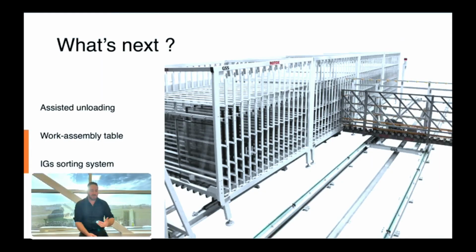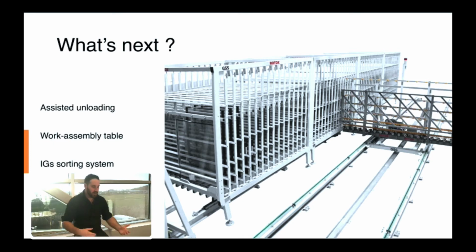IG sorting system. I have seen a lot of those systems in Europe where the workers are assembling the sash, and as they scan the part in front of them, the system brings them the next IG unit that they need to assemble in their window. So there's no confusion looking into the racks for where the next IG is.